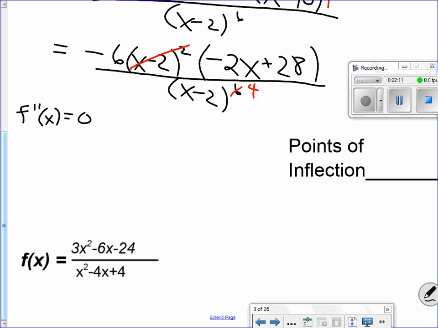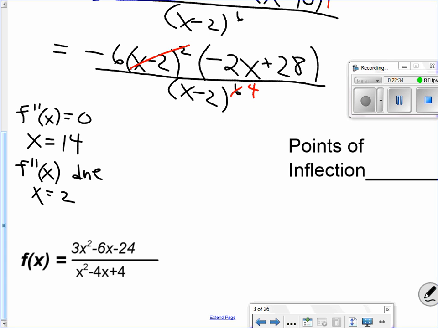What value of x is going to make the numerator equal to 0? X is 14. Okay. What value of x will the second derivative not exist? Those are the only values where the second derivative could change sign.